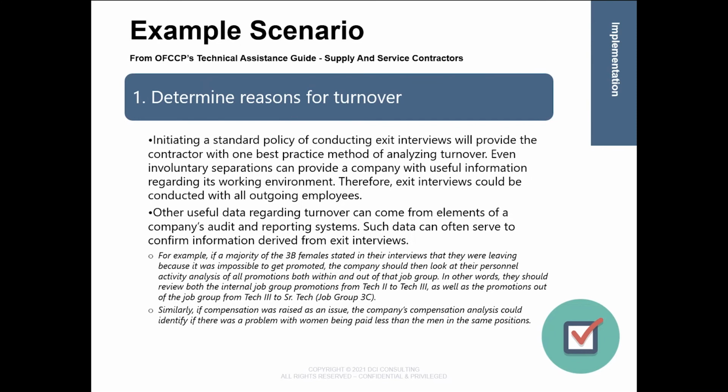In other words, they should review both the internal job group promotions from Tech 2 to Tech 3, as well as the promotions out of the job group from Tech 3 to Senior Tech, which is Job Group 3C. Similarly, if compensation was raised as an issue, the company's compensation analysis could identify if there was a problem with women being paid less than men in the same positions.